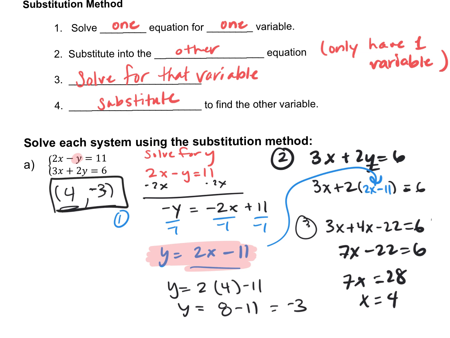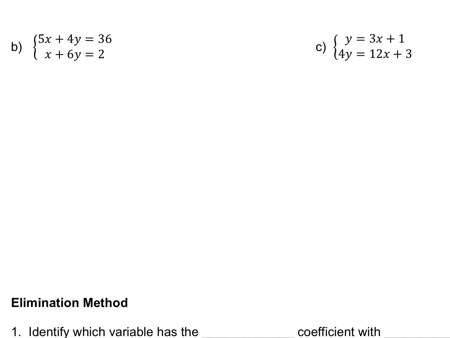Okay. There are a few steps that you may not do. I'm going to show a lot of steps to make sure everybody's good. Any questions so far? I'm going to pause. Okay, so for this one, I'm solving this equation for x, and I get x equals -6y plus 2.